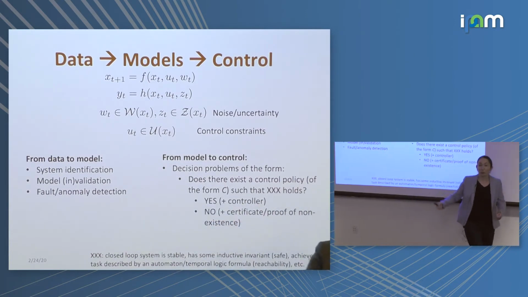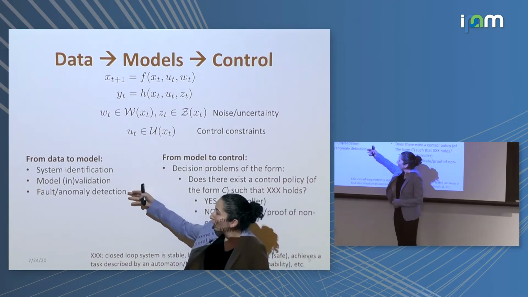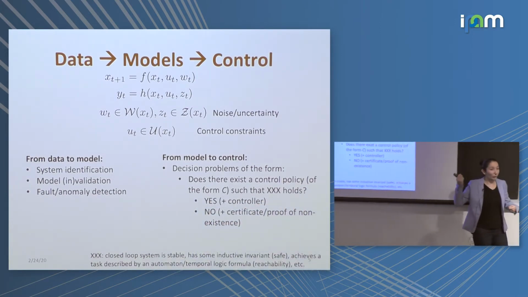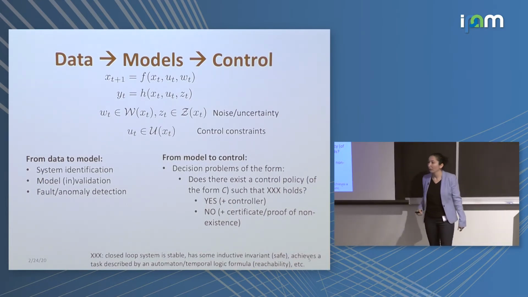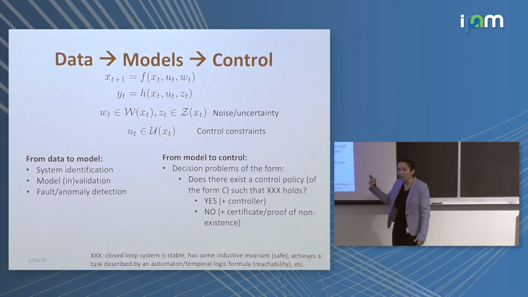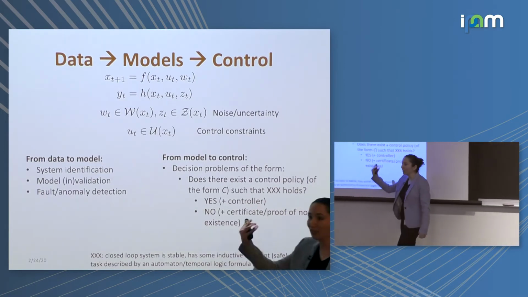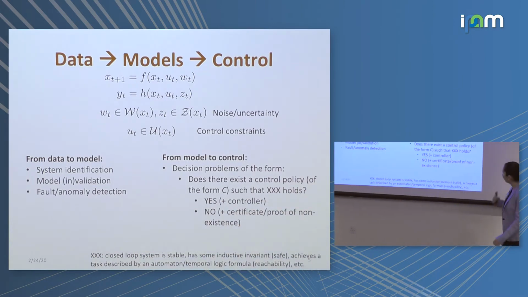You have a model, you collect more data, you want to figure out whether that model is good, or fault and anomaly detection. So you are collecting data, maybe you have a model of the system, and at runtime you want to figure out whether this model is a valid representation of your reality, or if something changed in reality, whether you can detect that using this model.